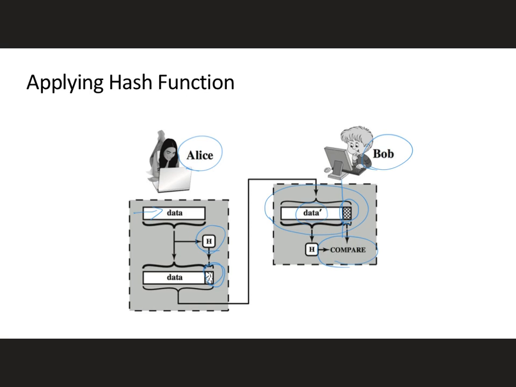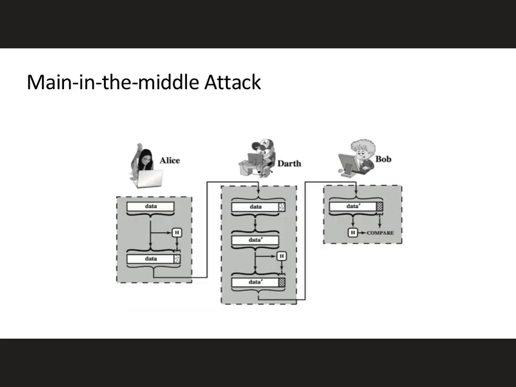But there is one tricky problem here. Let's see the next example. We notice that the communication channel between Alice and Bob is not encrypted. This means that an attacker can capture the data between Alice and Bob. So Alice sent the whole thing to Bob, but it was eavesdropped by Darth.